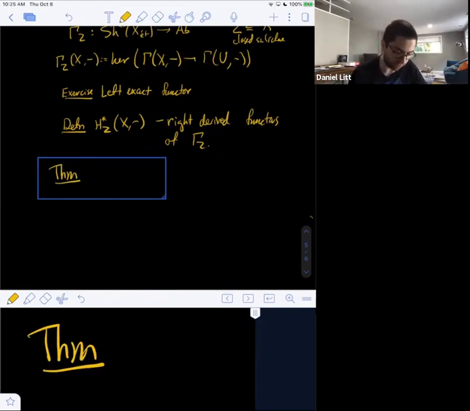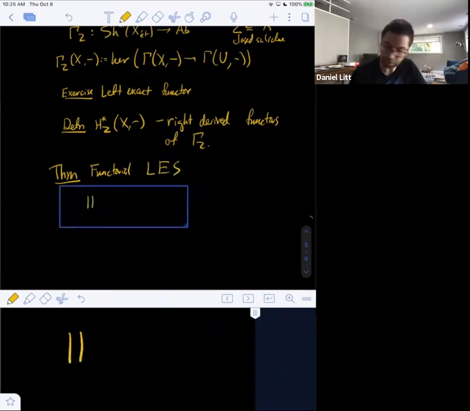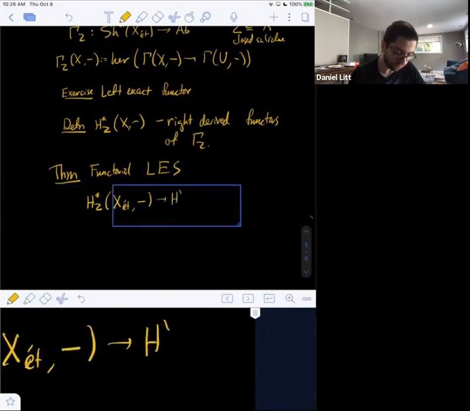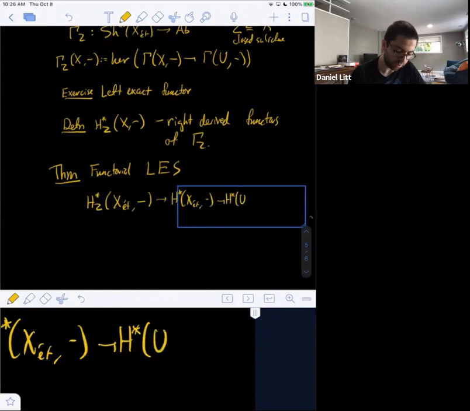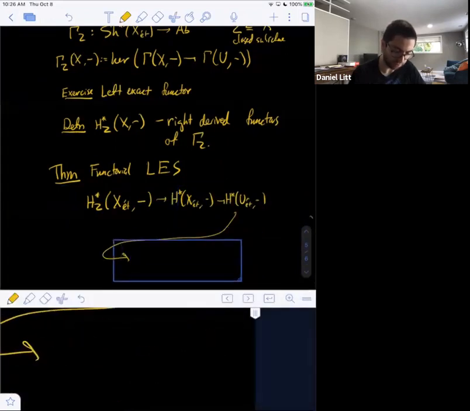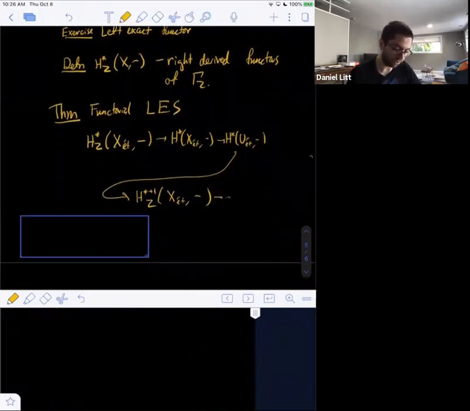There's a functorial long exact sequence which goes from cohomology supported on Z to cohomology of X, to cohomology on U, and then back to cohomology supported on Z, and then keeps going. All right, let's prove this.